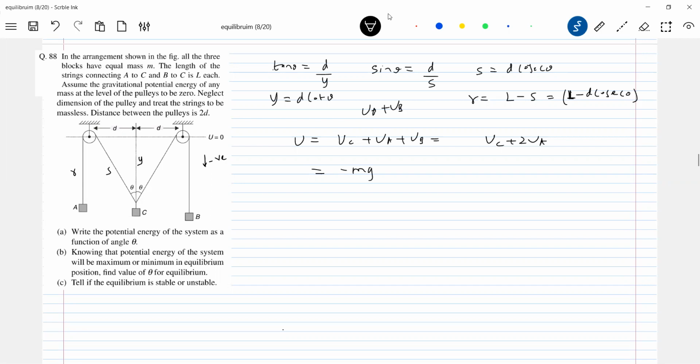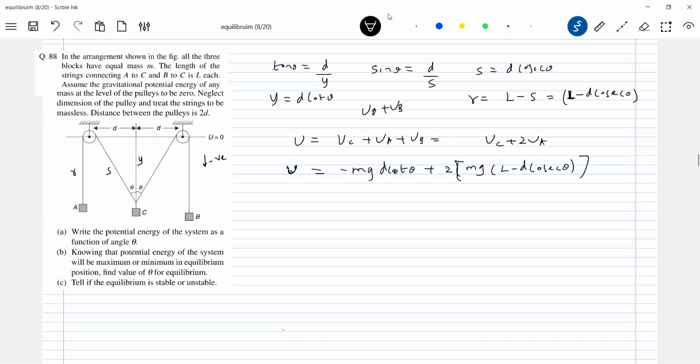Minus mg at what height? Y, no? So d cot theta. Directly I'm writing it, do make observation. That of this will be mg times R, which should be L minus d cosecant theta. So that is the potential of the system.